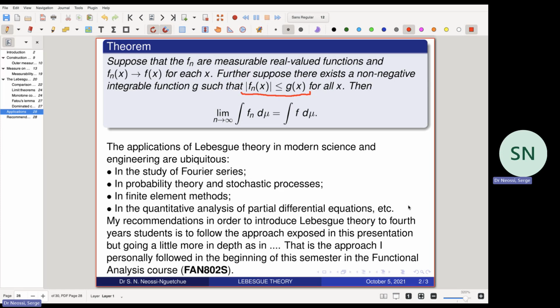And this is done through Lebesgue theory. That is, we first of all define the functional space in which we are going to seek our solution. And generally, those functional spaces are subsets of the Lp spaces. So that's why they are really important.